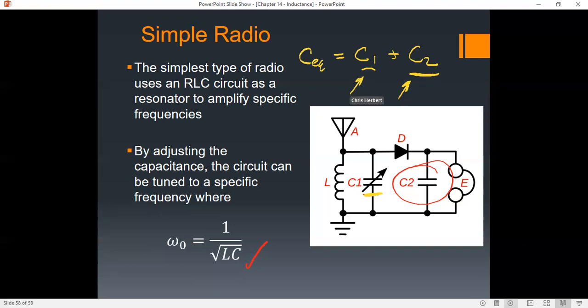This C1 would then be a variable capacitor, which would be much smaller than C2, but allow us to tune between different stations. So that's basically the whole principle behind here.